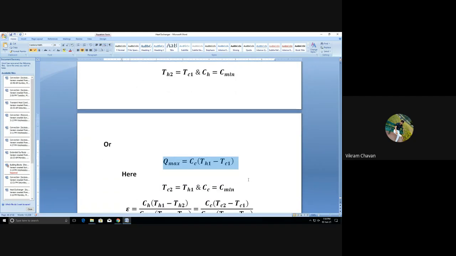Here Tc2 is equal to Th1 and Cc is equal to C minimum.